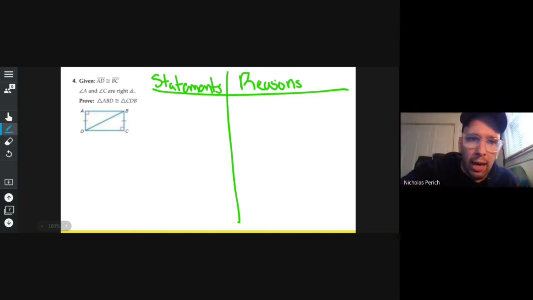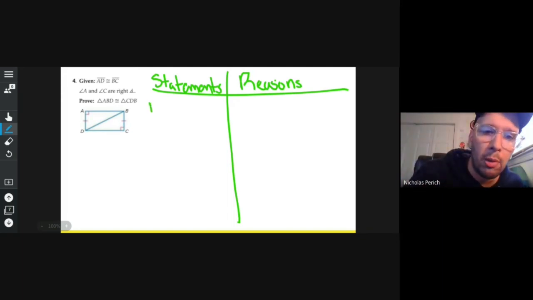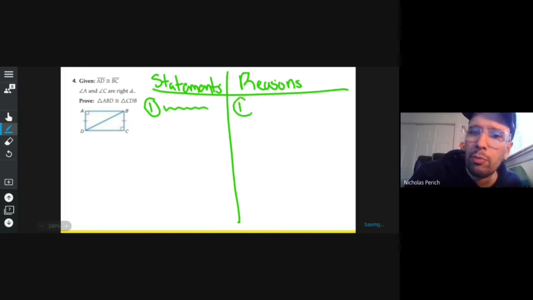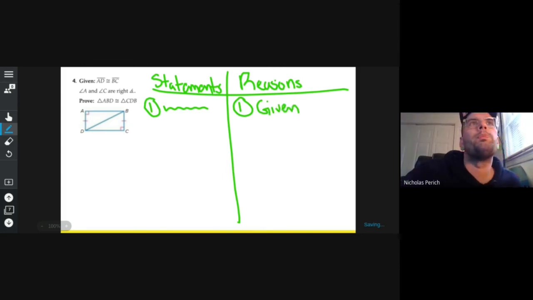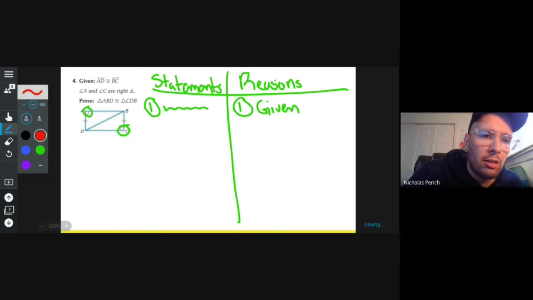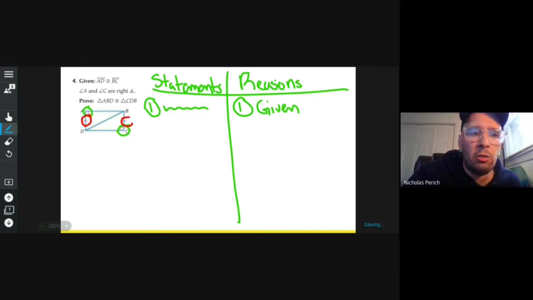A and C are right angles. So that's perfect. This is actually a ridiculously much easier problem. So let's do the old squiggly for the given. It tells me this, and this. That's good news. It tells me this, and this. That's also good news.